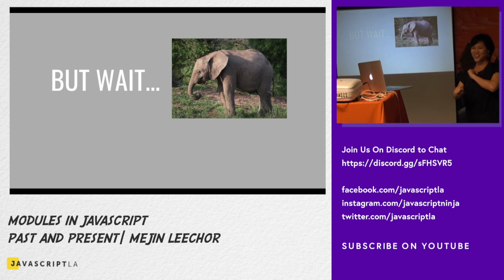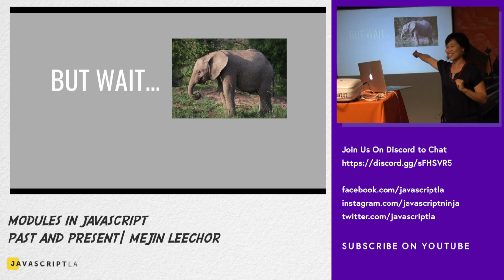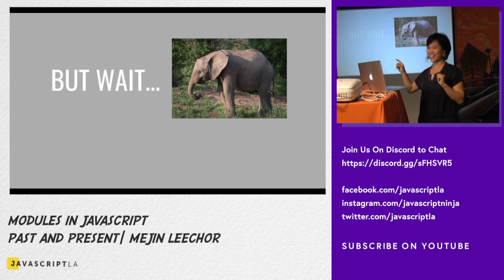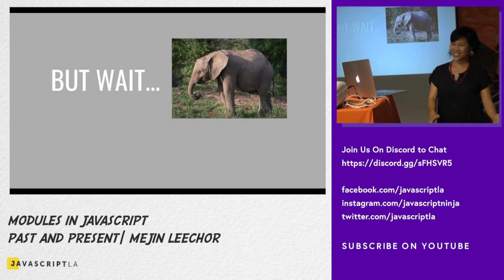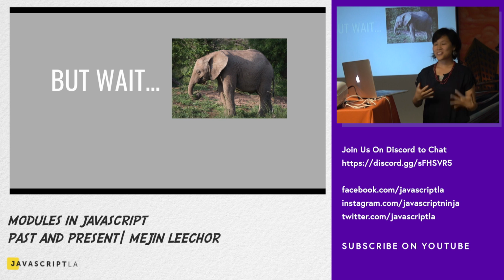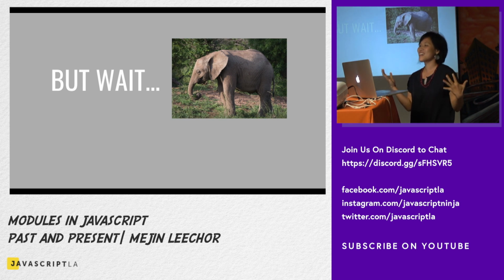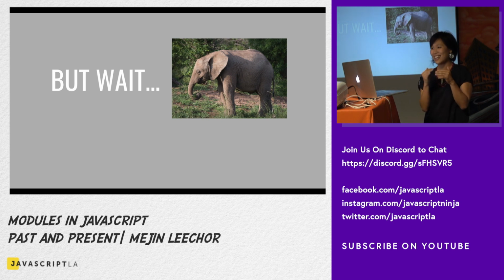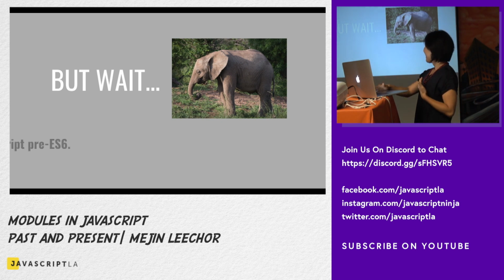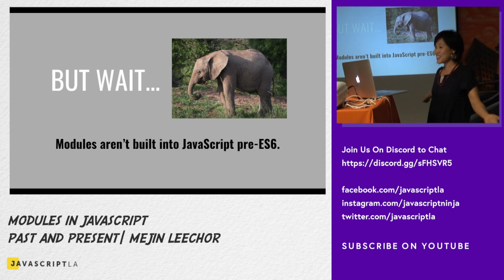But before we go any further, there is an elephant in the room, and we should acknowledge it. These modules, which I've been talking about and that are so fundamental to modular and modern programming, are actually just barely a part of JavaScript. They weren't built into JavaScript pre-ES6.